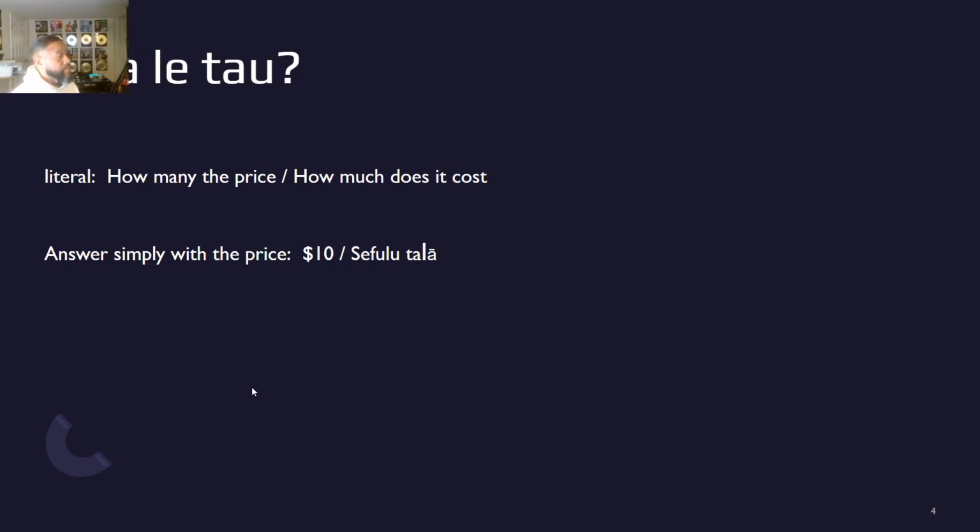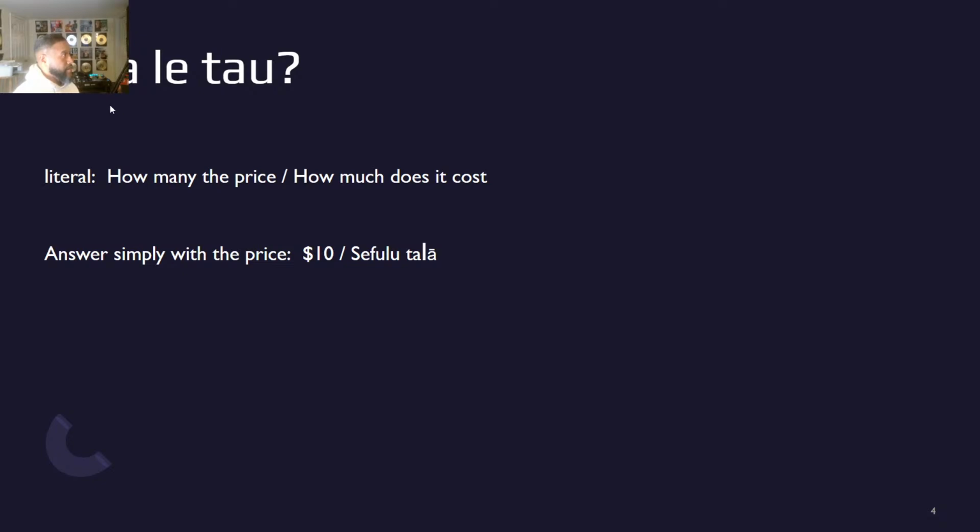Now here's something. Put this down, just like "efia." When somebody asks you a question and you want to know how many, just say "efia," like how many, right? But then if you want to ask how much does it cost or what is the price of something, you'll say "efia le tau," right?